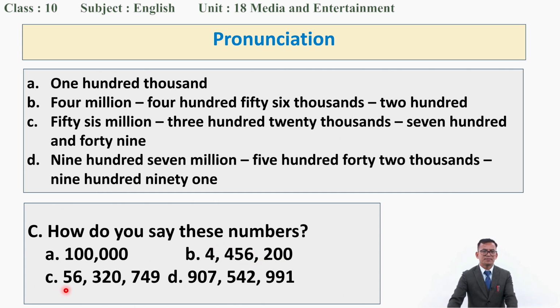What about this? Yeah, 1, 10, 100, 1,000, 10,000, 100,000, 1 million, 10 million. So 56 million, 320,749. What about next? That's fine.